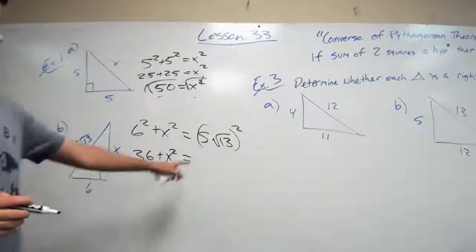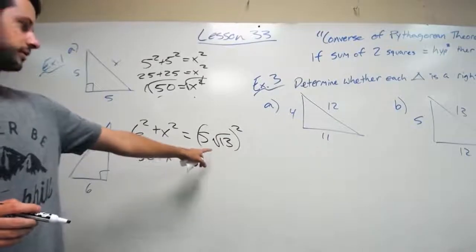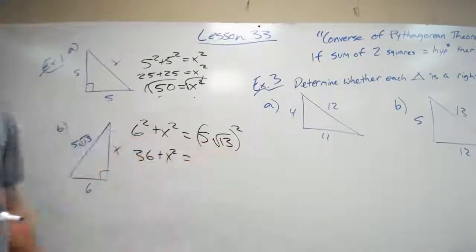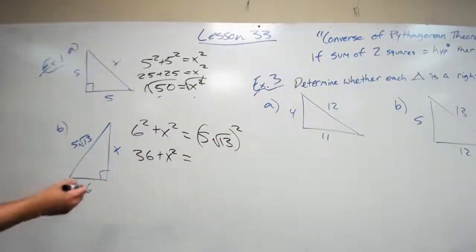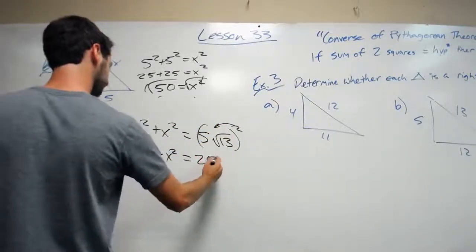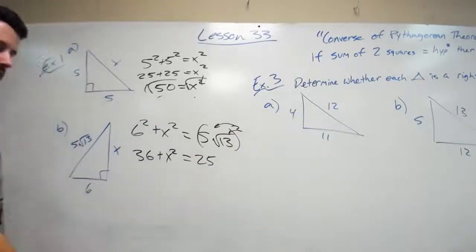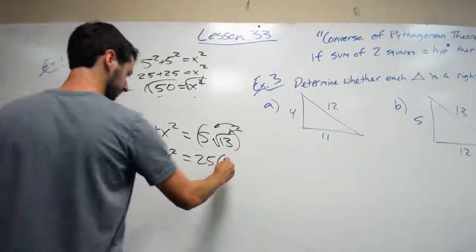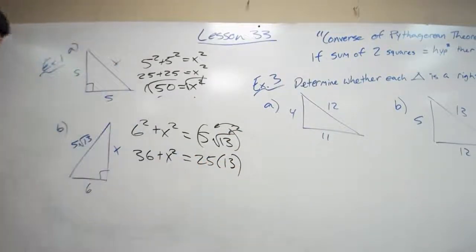If this whole thing is squared, then you have to square both numbers. So I square the 5 to get 25. When I square the square root of 13, I get 13.